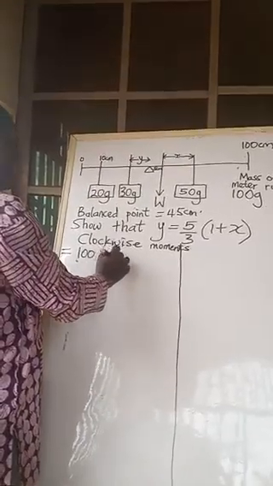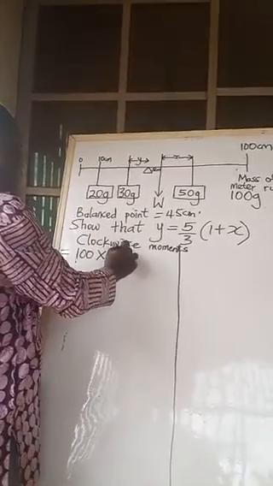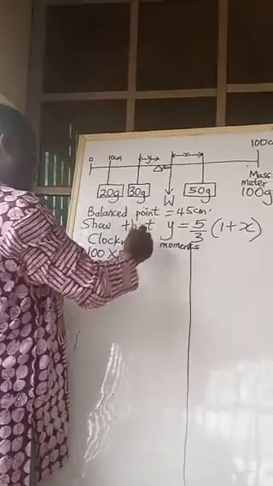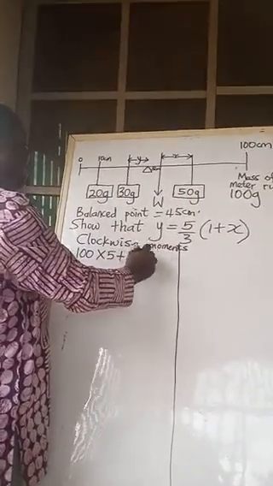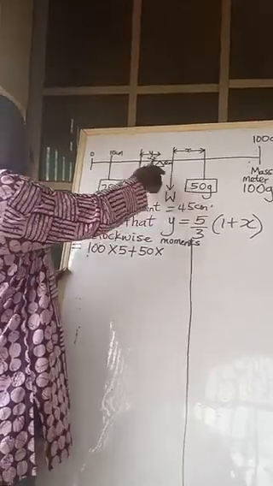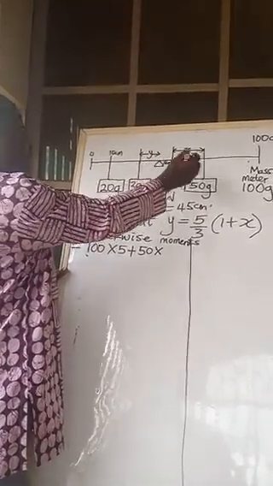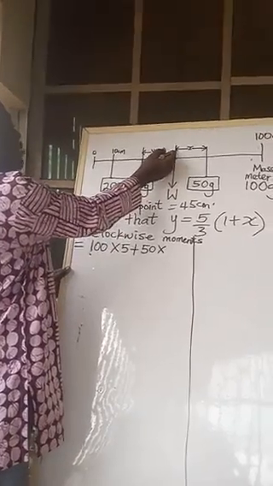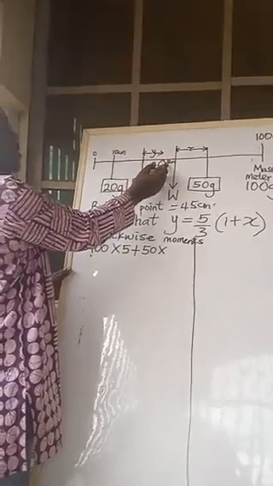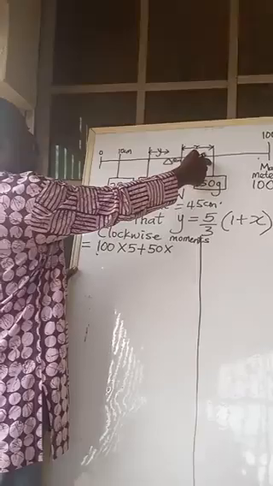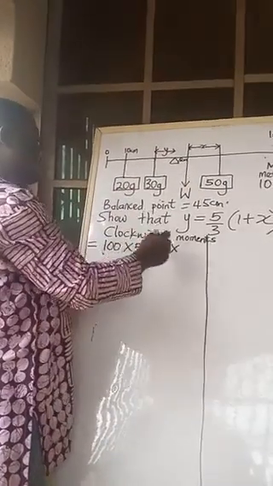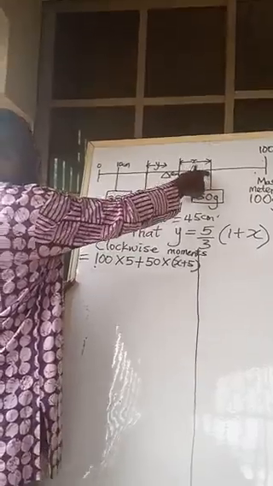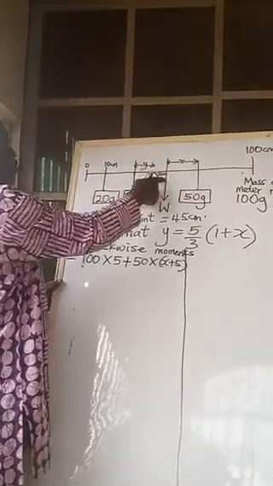So 100 times 5, then plus another clockwise moment, that of this force, 50 grams. So that is going to be 50 times the distance to this pivot here. The distance from here to here is x. Then from this line to this pivot is 5 centimeters. So the distance of this force to the pivot is x plus 5 centimeters.